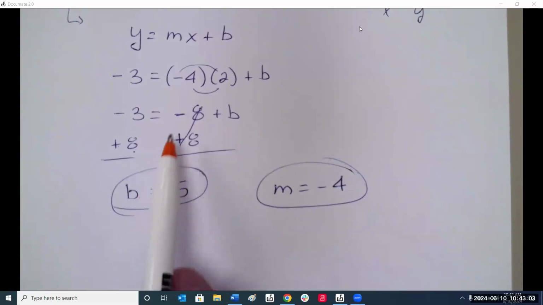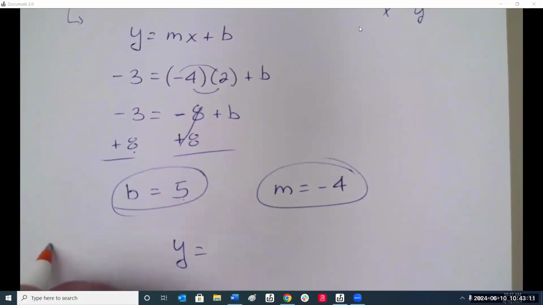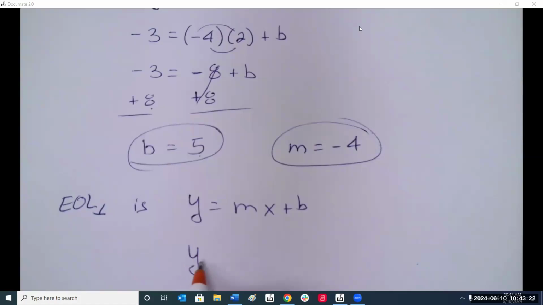So my y-intercept is at 5, my slope is -4. So my equation of the line perpendicular is y equals negative 4x plus 5.